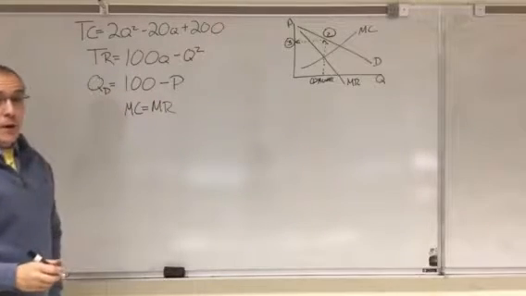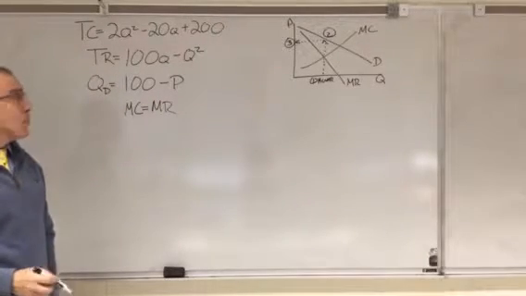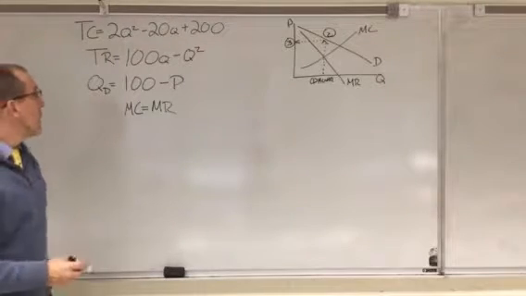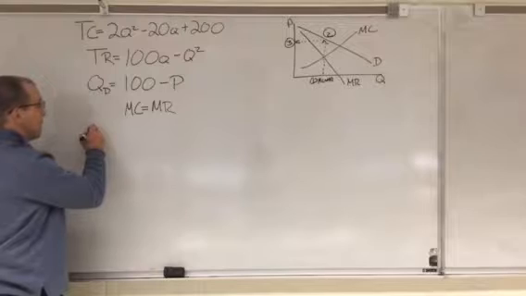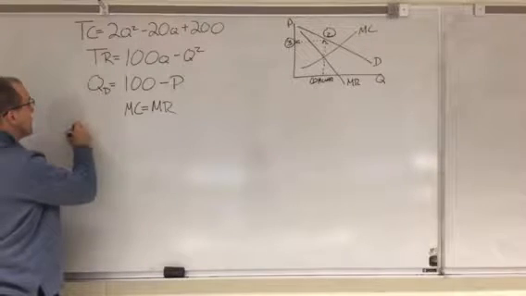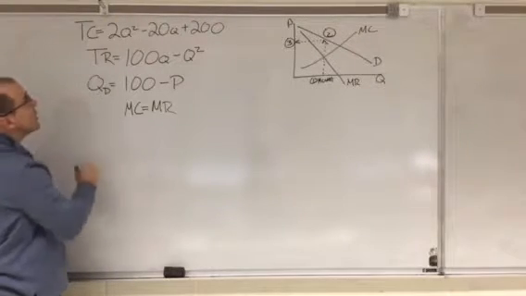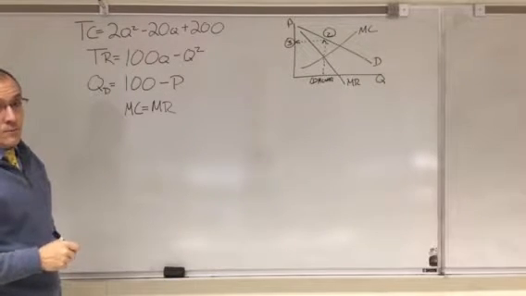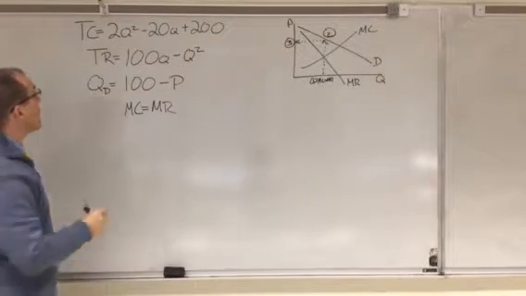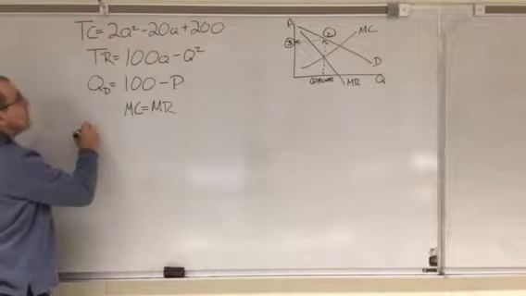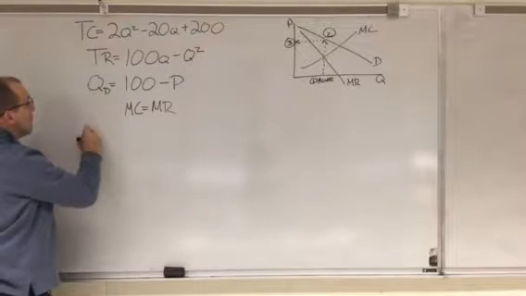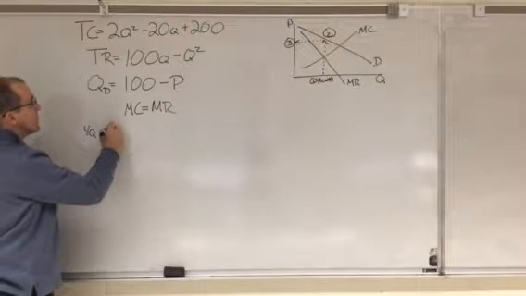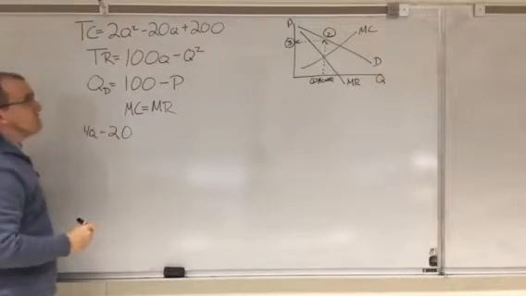In order to do that, I will have to calculate using calculus both my marginal cost and my marginal revenue curves. Marginal cost is the change in my total cost as my quantity changes, and that is going to end up being 4Q minus 20.